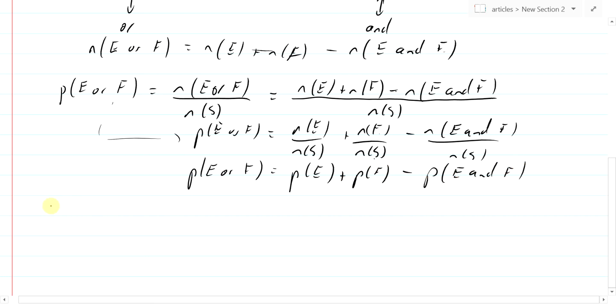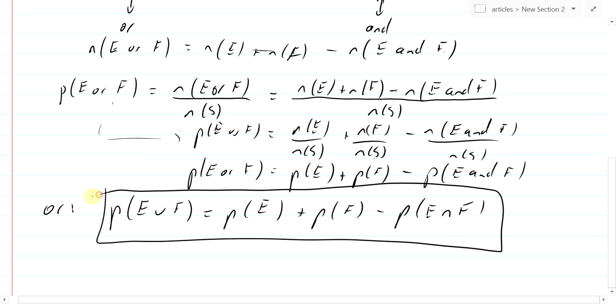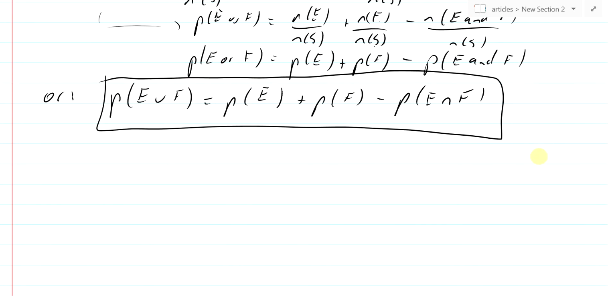So going back to symbols, the addition principle for probabilities is really the same as it was for counting things, except everything's a probability instead. The complement and probability.